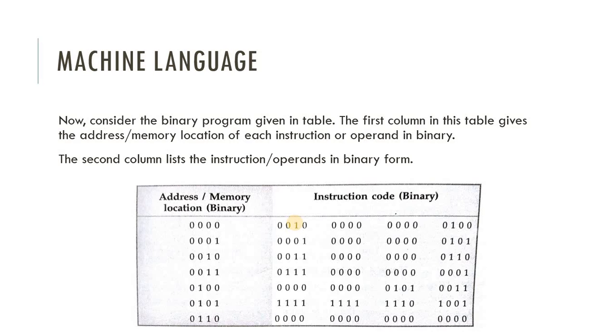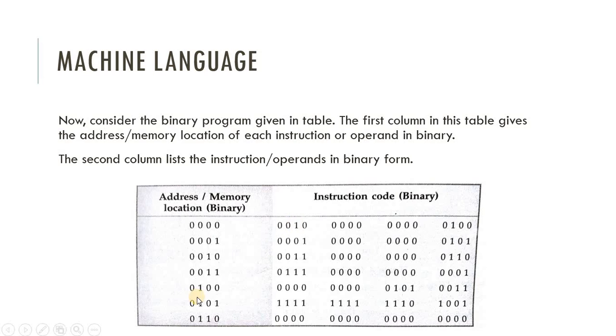Now consider one binary program that is given in the table. The first column in the table gives the address, or the memory location, of each instruction or operand in binary format, and the second column lists the instruction or the operands in binary form.